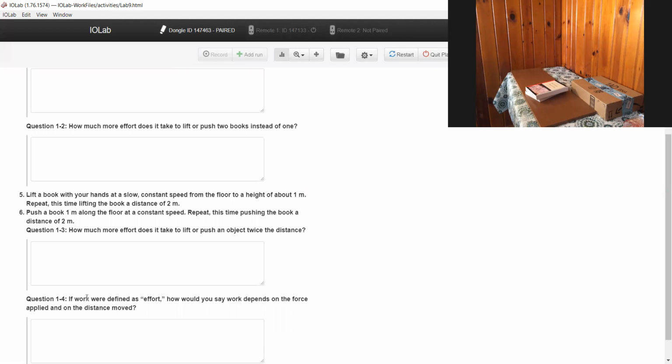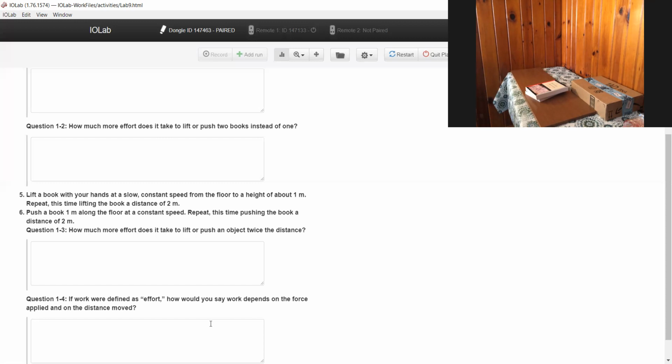If you define work as effort, how would you say it depends on the force applied and the distance moved? The effort that we applied was increased when we moved to the higher distance, when we pushed to the higher distance or lifted to the higher distance. So it has to be directly related to the distance. And for the next question, the force applied was increased, when we had more effort, when the force we needed to apply was increased in both cases.